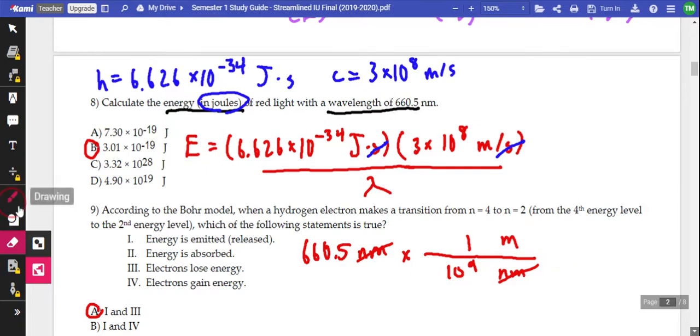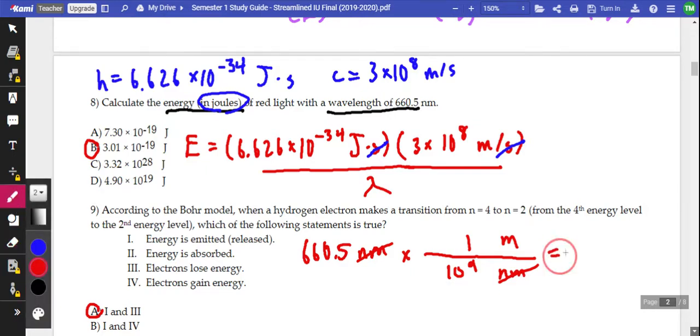Uh-oh, I'm erasing. 6.605 times 10 to the negative 7th meters. I basically moved my decimal point 9 spots to the left, I think. That should be right.